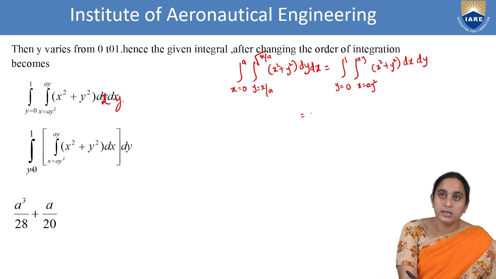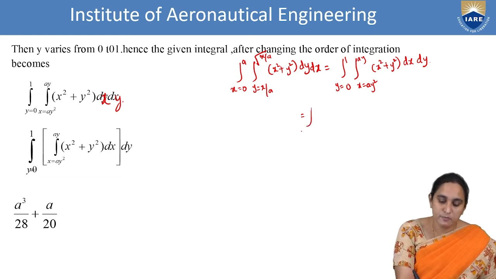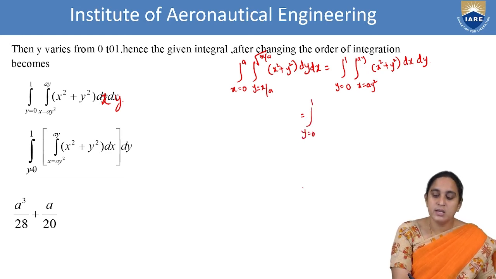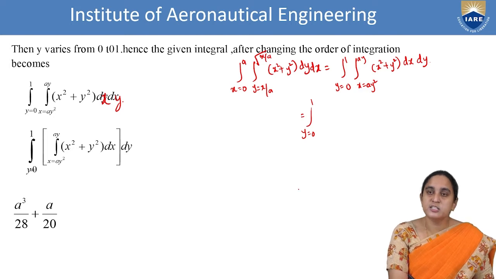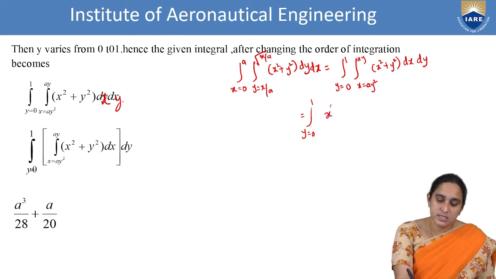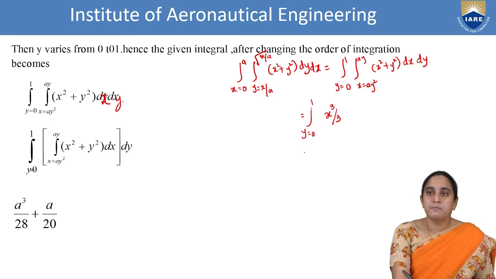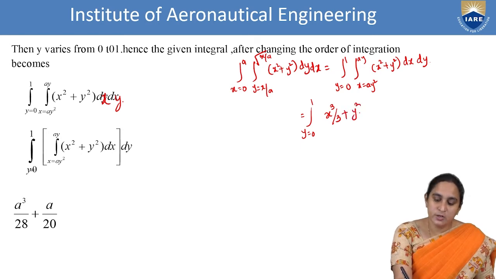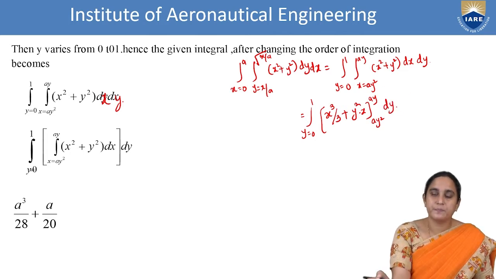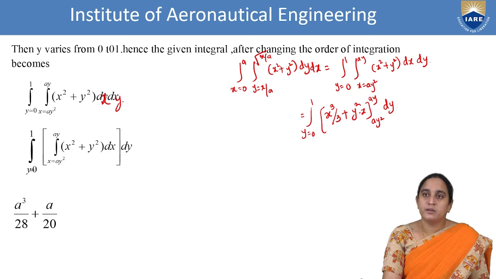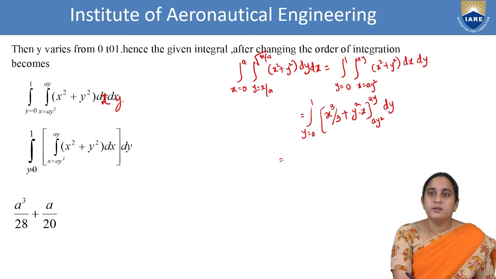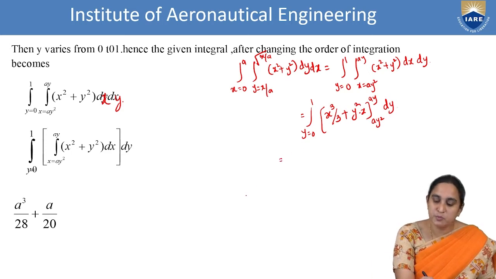Now I'll integrate: integral y is equal to 0 to 1, x square integrates with respect to x to x cube by 3, plus y square into 1 integrates to x. Limit points are ay square to ay, into dy. Now substitute the limit points of x.